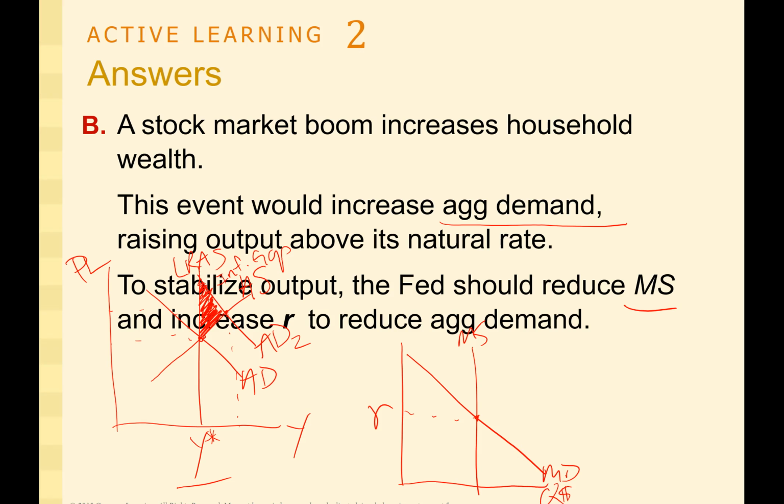In this case, the Fed is going to reduce the money supply with the goal of increasing that interest rate. And that higher interest rate will discourage investment and consumption. As a result, it's going to reduce aggregate demand.